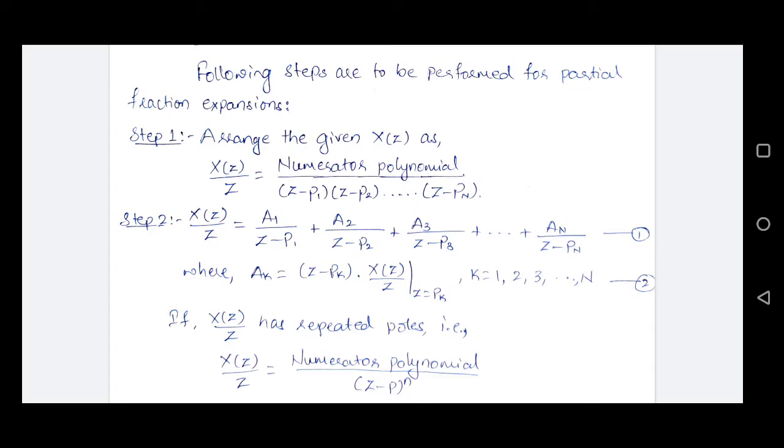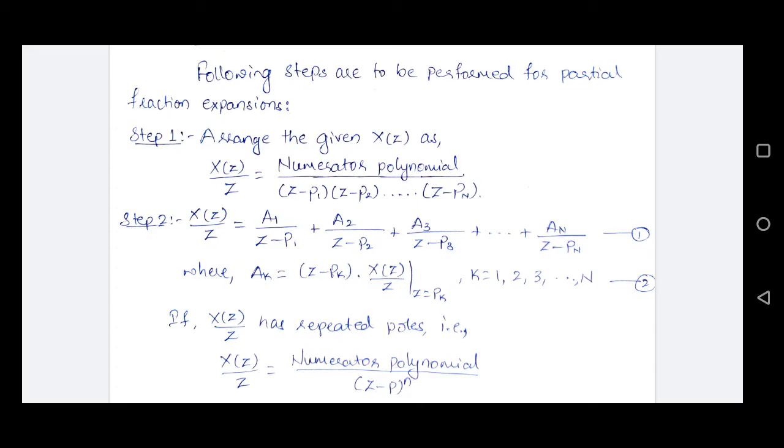In the second step, for X(z) divided by z, each root in the denominator will be assigned one residue. Capital A1 is the residue associated with the pole P1, plus A2, the second residue associated with the pole P2, plus A3 z divided by P3, and so on.